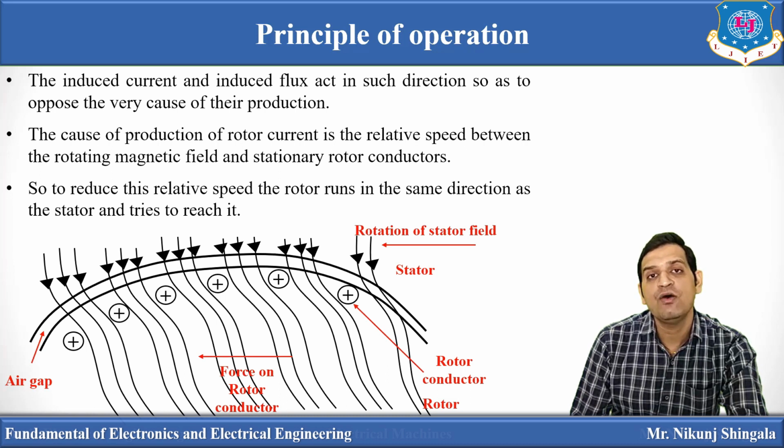So this is how the rotor rotates in a three-phase induction motor. The direction of rotor rotation is the same as the direction of the rotating magnetic field, which can be answered by Lenz's law.